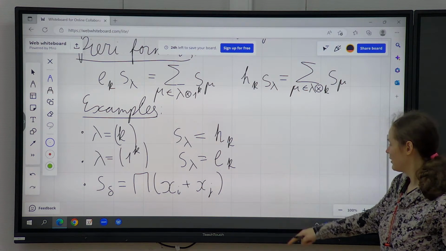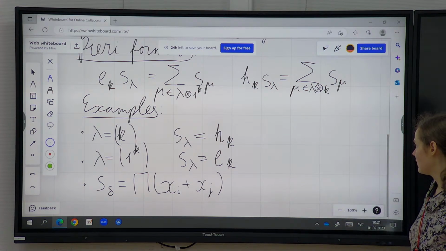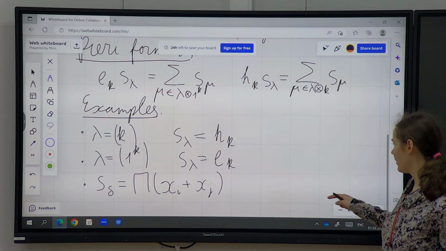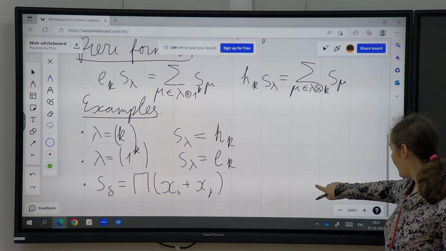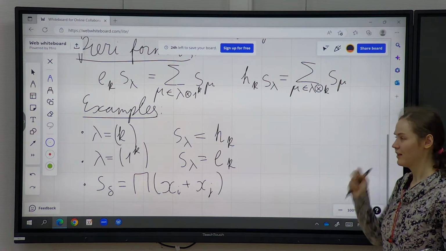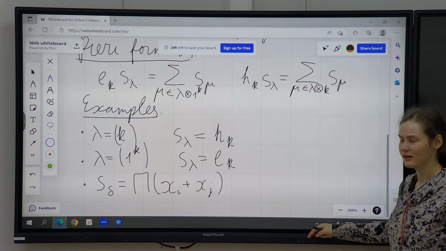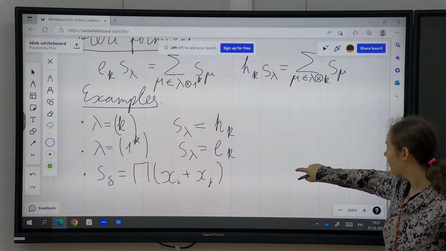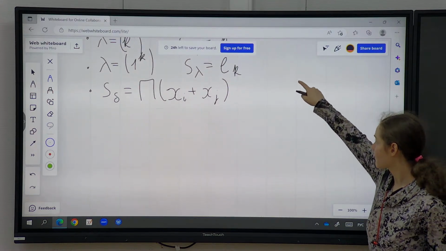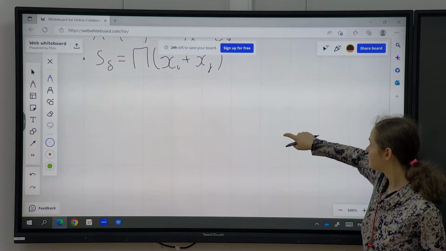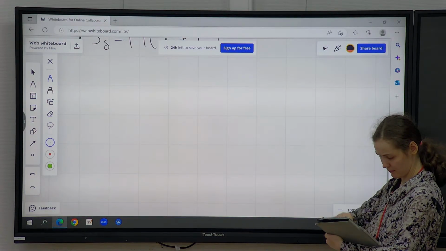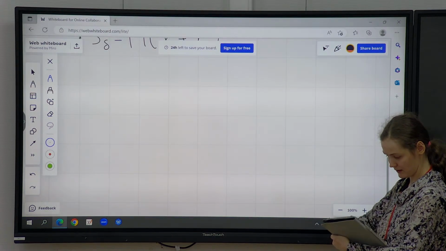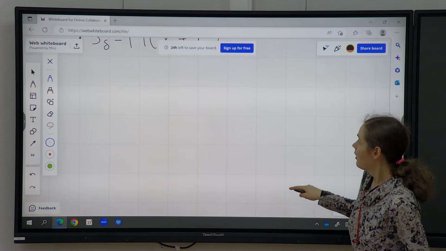So in these examples, all the coefficients are positive, and there's a reason for that. And today we will discuss it. Okay.